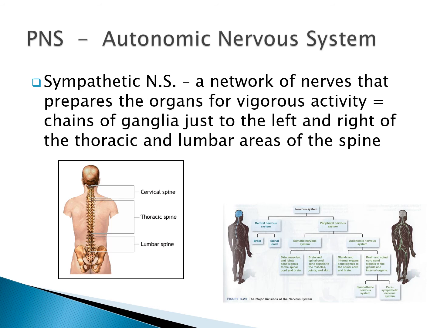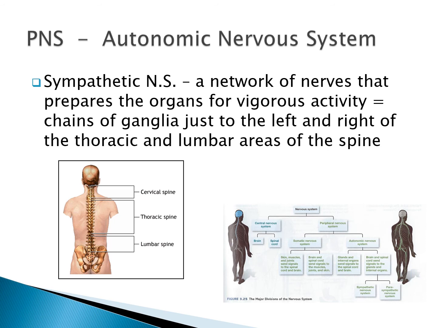There are these chains of ganglia just to the left and the right of the thoracic and lumbar areas of the spine. So if you look at the picture on the left, we see the cervical spine, below that the thoracic spine, then the lumbar spine, and below that is the sacral spine, which I'm also going to talk about here in a minute.